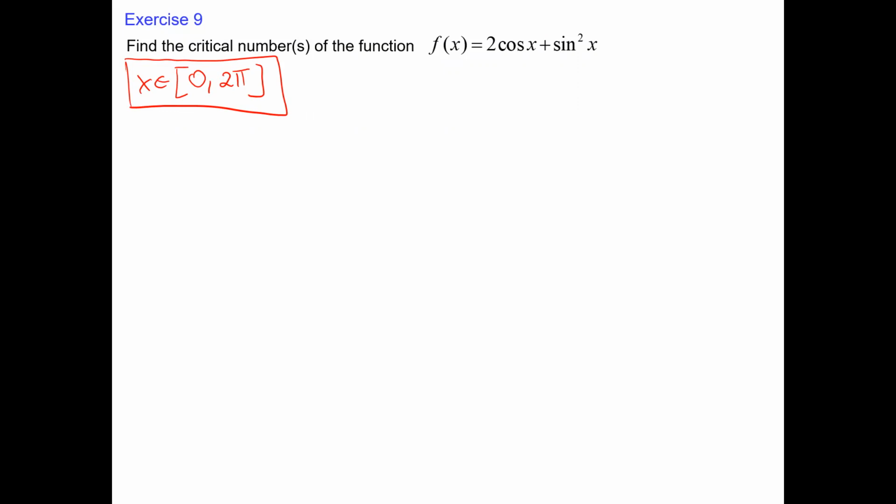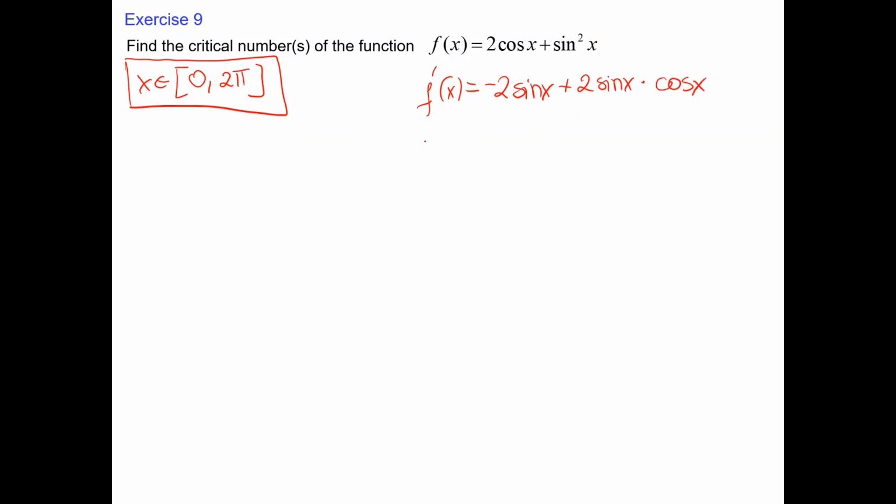Let's find the derivative. Derivative of 2 cosine of x is -2 sine of x. Now sine squared of x, the derivative of the quantity squared: that means sine squared of x gives 2 times sine of x times the derivative of the inner function, cosine of x.